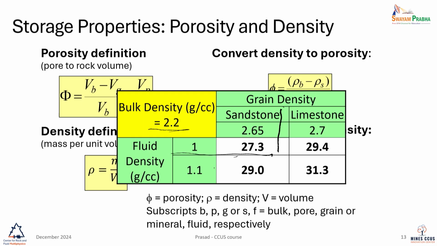If we think we have brine and the density is 1.1 grams per cc, we have an increase of about 2% in porosity. If we have the same fluid but we miss the lithology, again 2% difference.